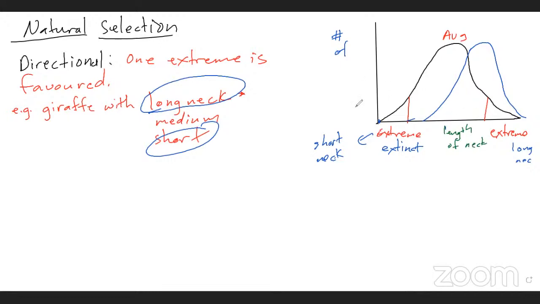So the number of giraffes with long necks would increase. Notice again, it would start about here because they don't have any giraffe with short necks. They are extinct. So directional selection, one extreme is favored. In this example, we're favoring the long neck extreme.